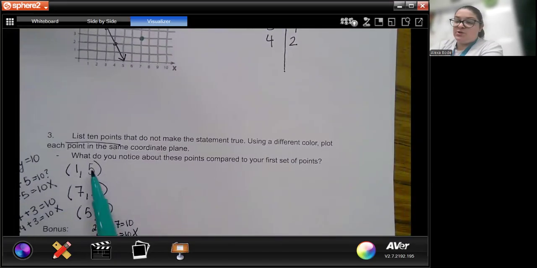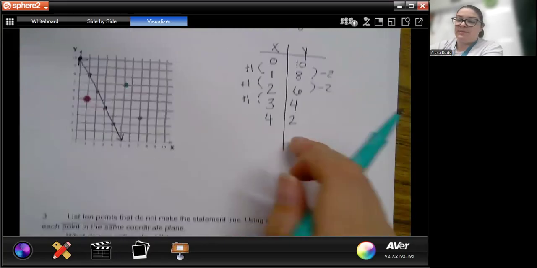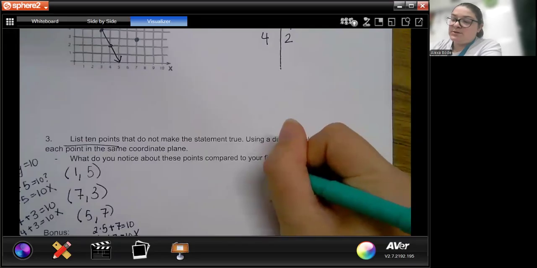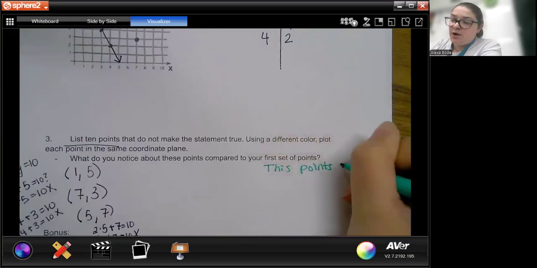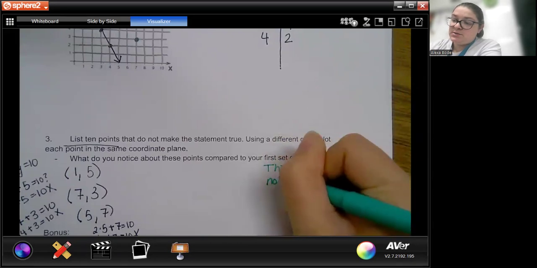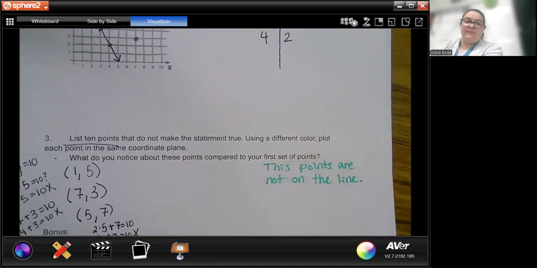So where it says, what do you notice about these points compared to your first set of points, I want you to say that these points are not on the line. If they are a solution, they will be on the line. If they are not a solution, they will not be on the line.